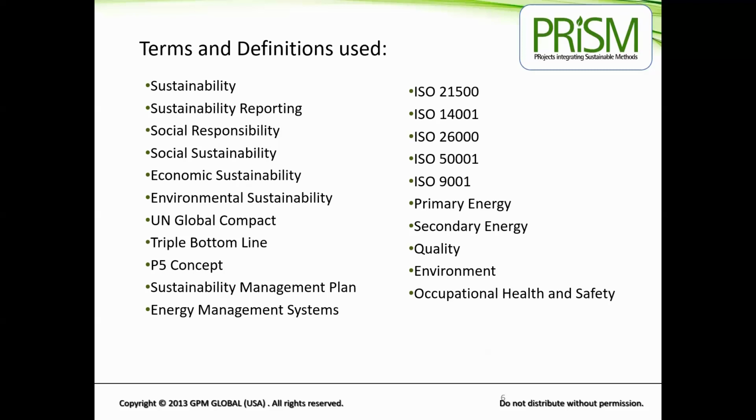For those who have probably heard about the triple bottom line, which is social, environment, and economy, you also probably know about ESG, which is environmental, social, and governance. Everything that we talk about in sustainability covers the components of the triple bottom line and also ESG.